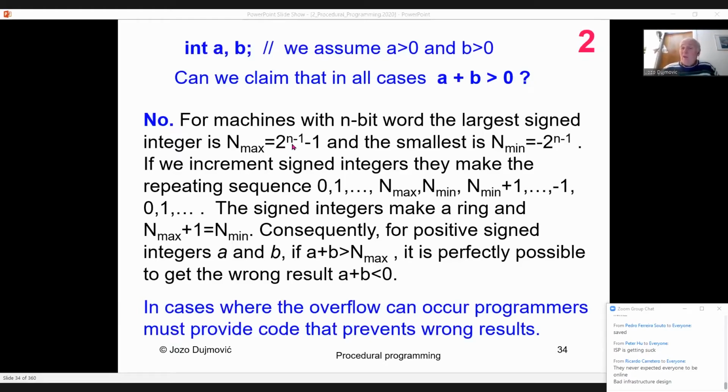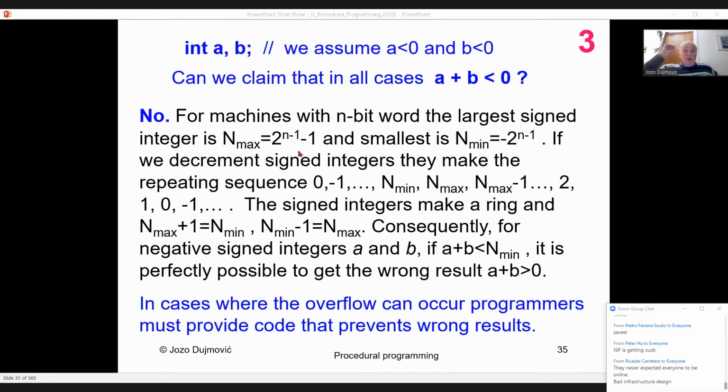So if we add two values that are greater than this, we get immediately negative numbers. So it is perfectly possible to get a negative number if A plus B is greater than this maximum value, 2 to n minus 1, minus 1. Here, that's the maximum value. Because we have this ring of integers, and if you go from largest positive value, you jump immediately to smallest negative value. So that is not okay.